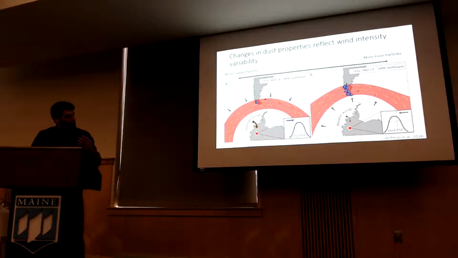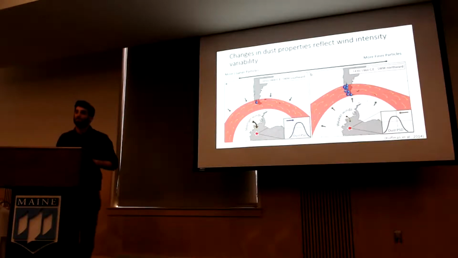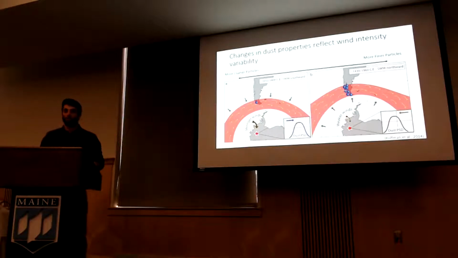So from their research, they derived this hypothesis, or this idea, that during warmer periods, so over here on A, when the westerly winds are latitudinally contracting southwards, there's a shift in the particle sizes towards more coarser particles.